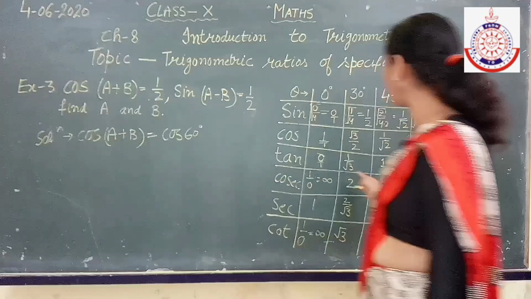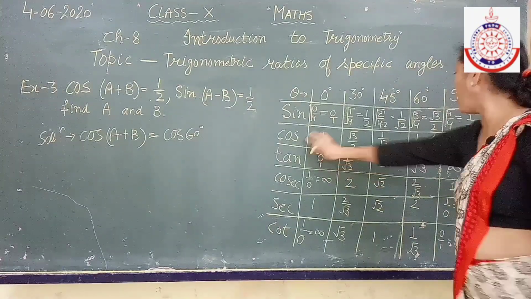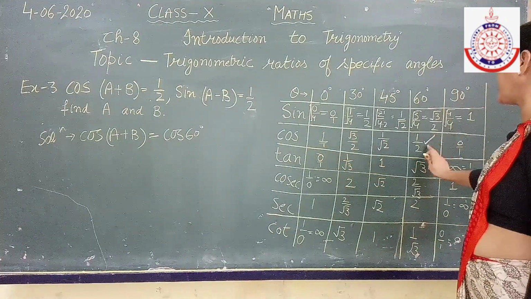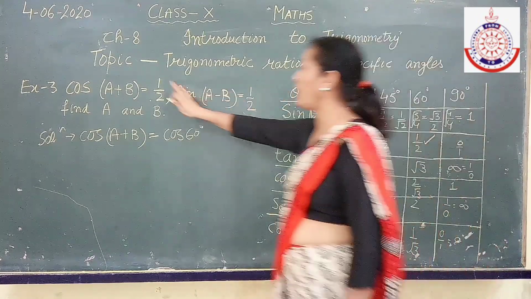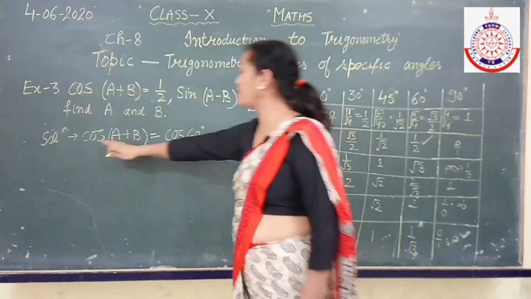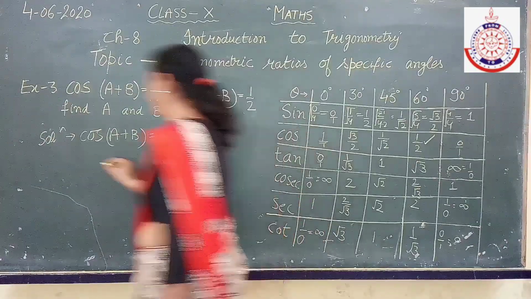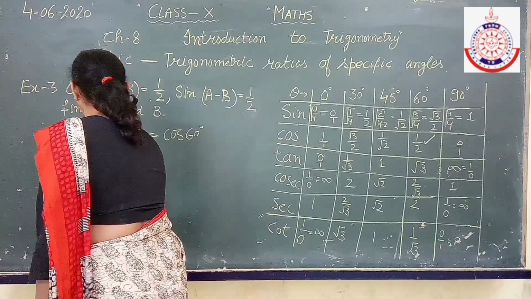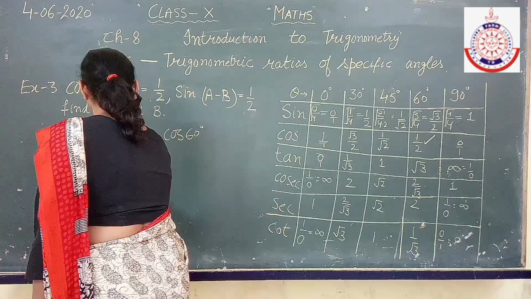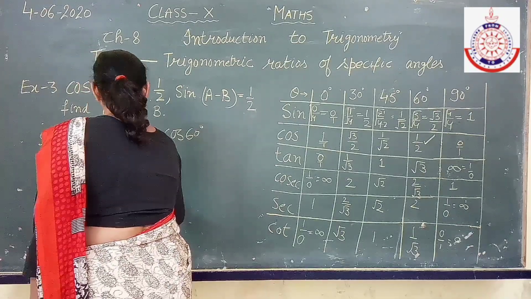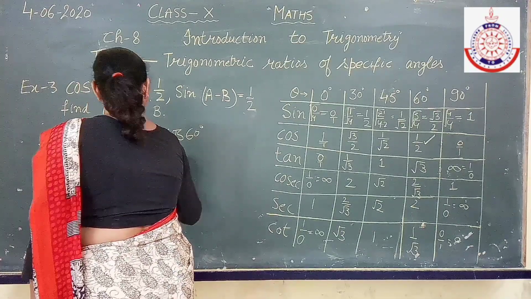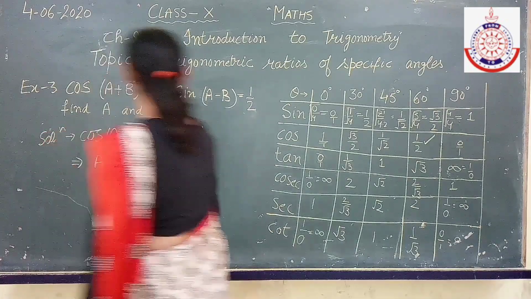Because I've shown in the table that cos 60 degree is half, and they have given us the value half. Now on both sides we have cos. You won't cut it, but simply remove it. So you'll be getting a plus b as 60 degree. Let it be the first equation.